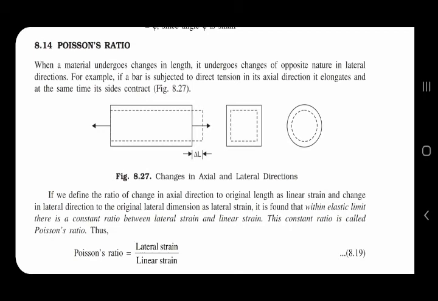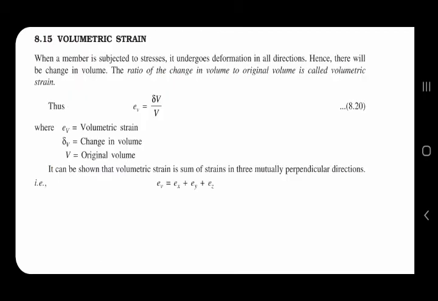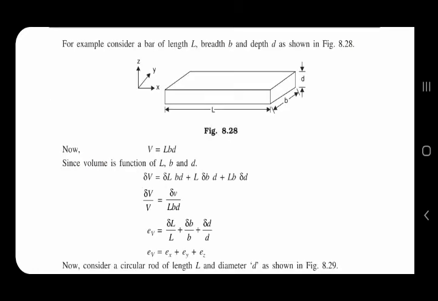Now for example, consider a bar of length L, breadth B and depth D as shown in the figure. The volume will be equal to length into breadth into depth of the bar.